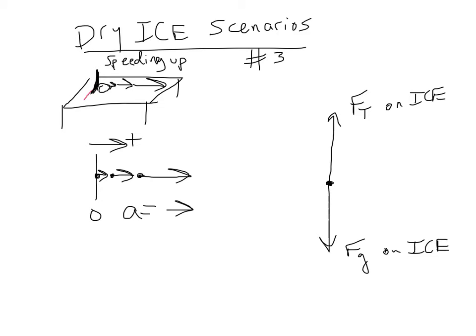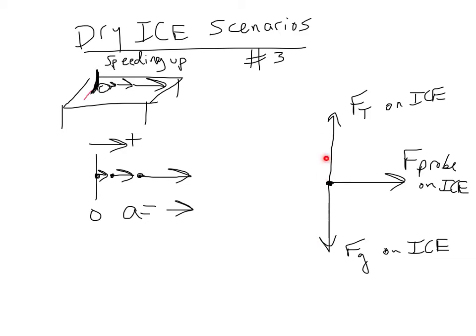Now, we do have, in this case, the force probe, or the playing card, pushing on the dry ice to the right. So we will draw that force in. There is a force acting to the right, and we would call it force of probe on ice. And so we notice here, there is a force to the right.